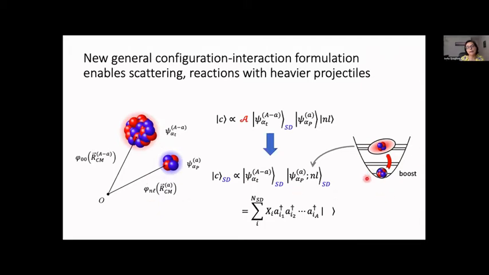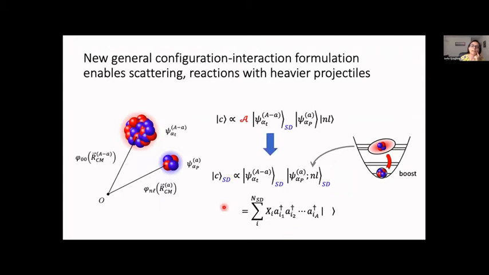And this is done by basically starting from the Slater determinant of the projectile, the eigenstate obtained with a no-core shell model, and then boosting the center of mass of the system to a higher excitation through the required operators.